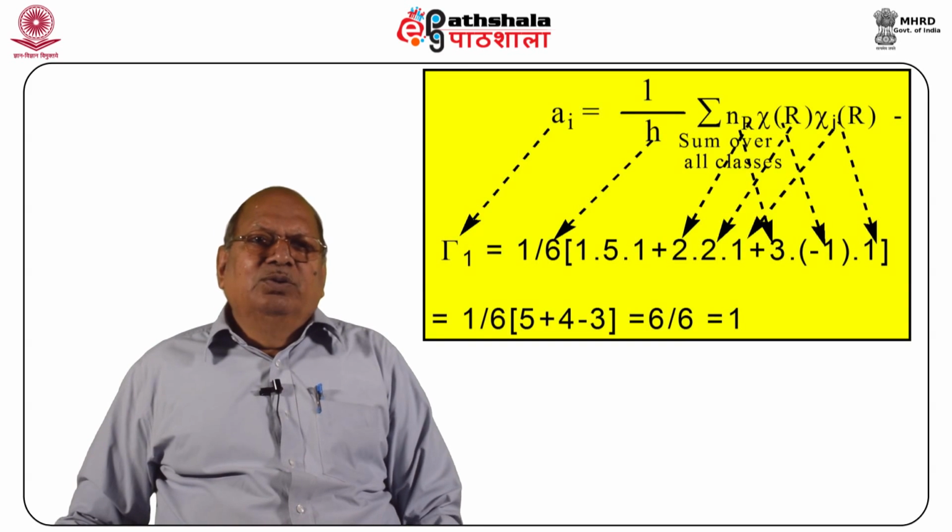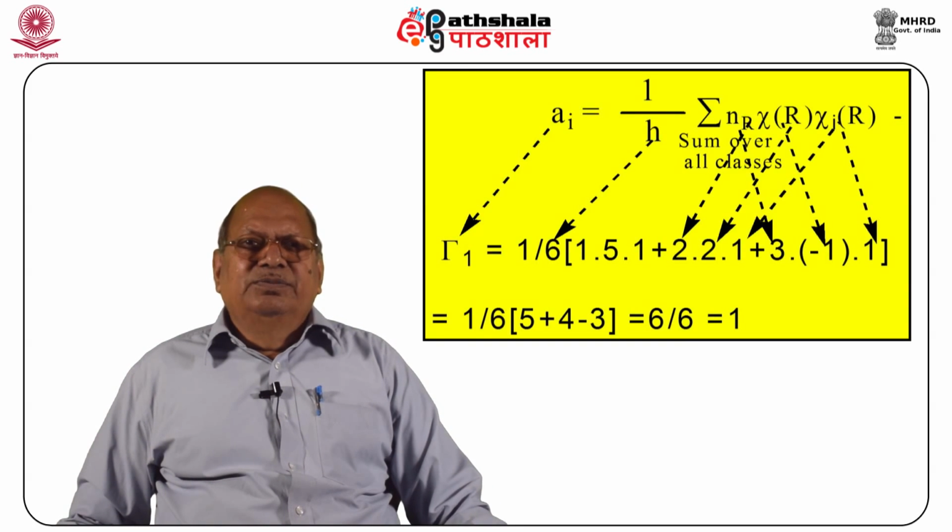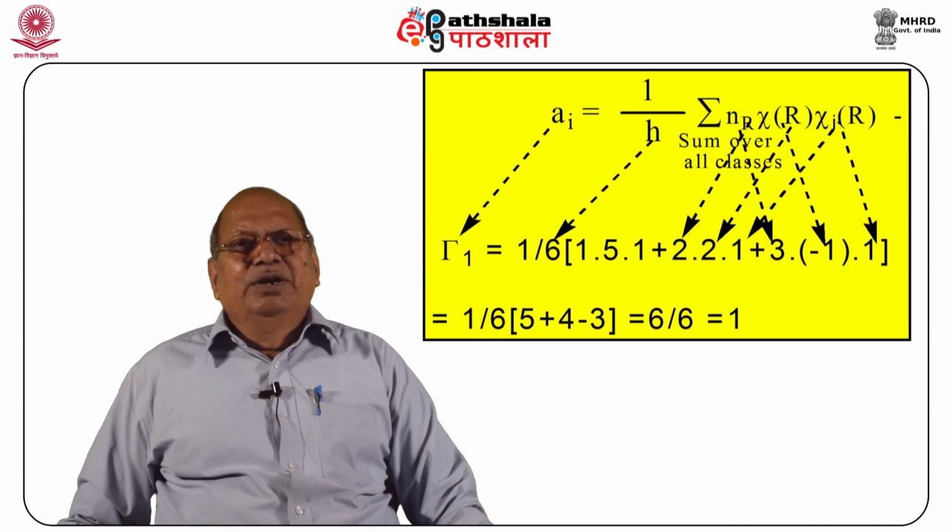The value of h over here is the sum of all symmetry operations in the point group, that is 1 plus 2 plus 3 is equal to 6. And let us try to find out a_i. Here a_i is for tau 1, that is, how many times tau 1 repeats. h is the order of the group, that is 6, and within the bracket we take the sum over all classes.